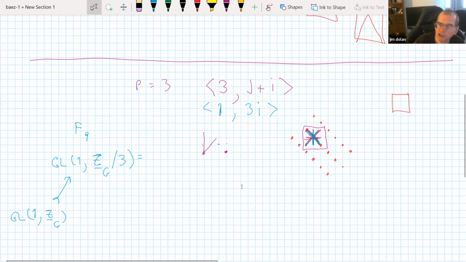When we start thinking about modular curves, we'll really think of these as having to do with orientations of lattices to sublattices.